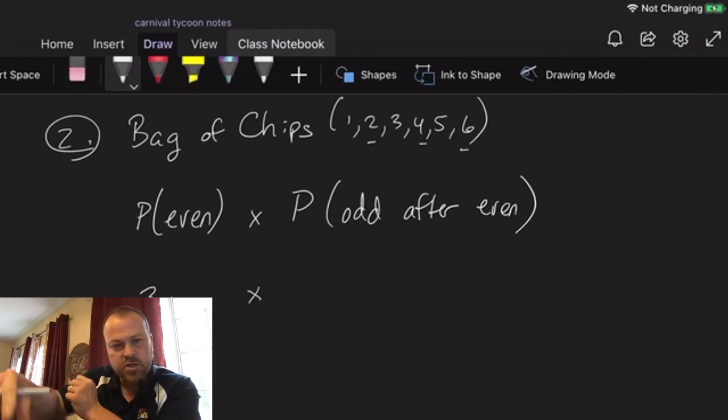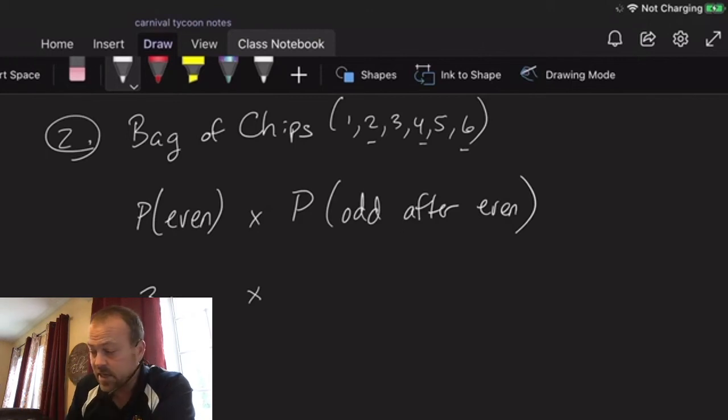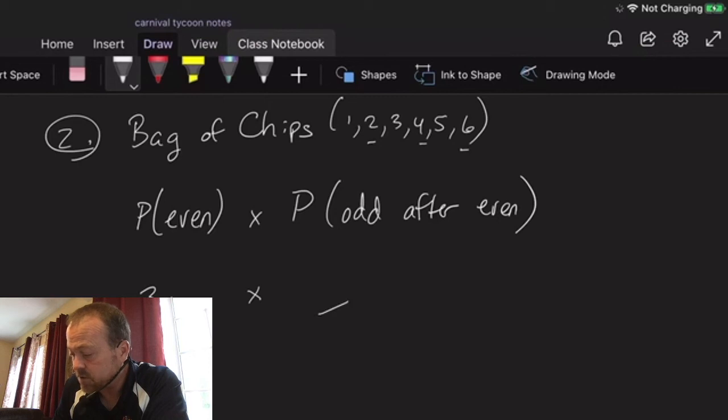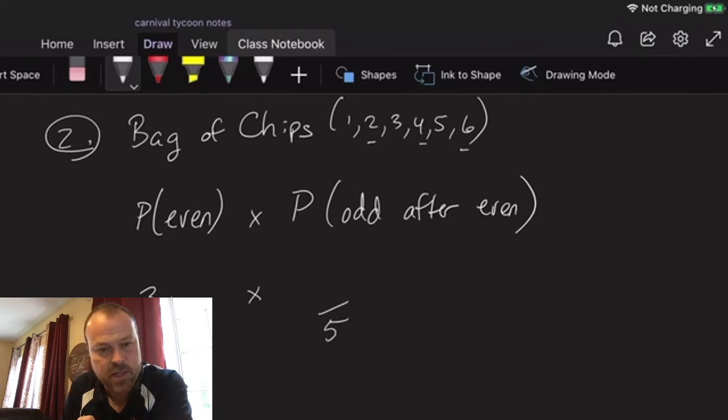Now we've chosen a chip out of the bag, so there's one less chip in the bag, so the denominator has changed to 5. There's only 5 chips left in the bag. And if we've picked an even one out of there, then we are left with a 3 out of 5 chance for the odd ones after the even has been chosen.